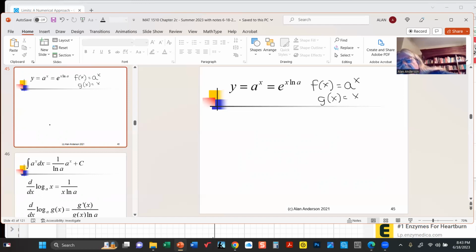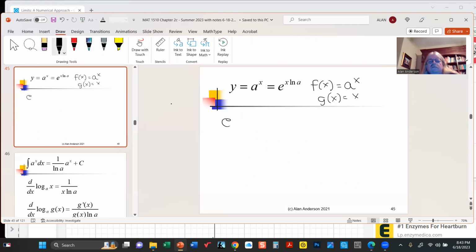This is just a result of the definition of natural logs, because so that would mean that f of x would have to be e to the x.